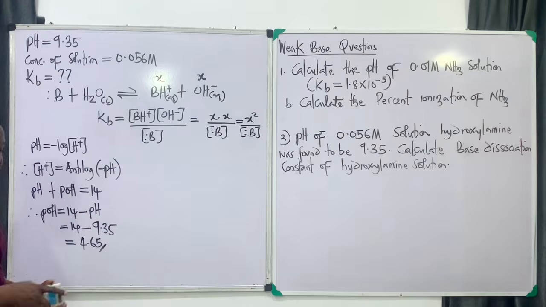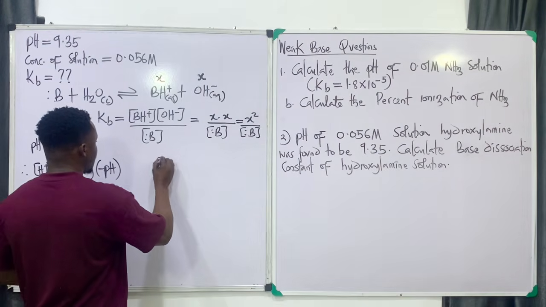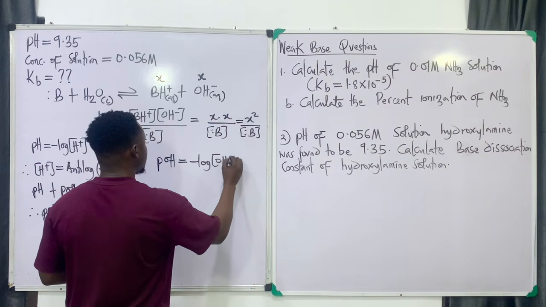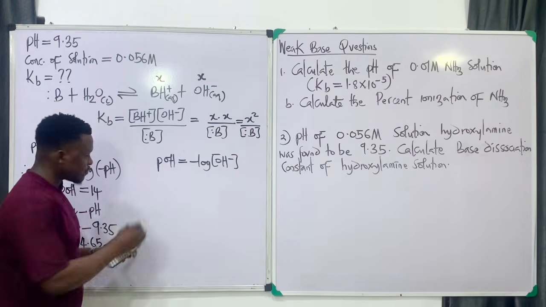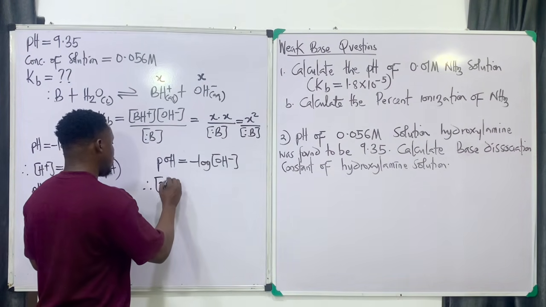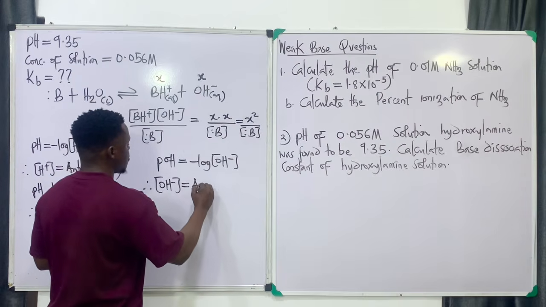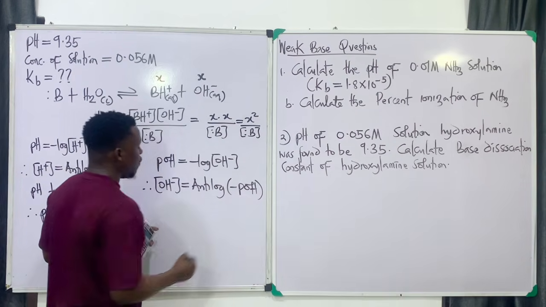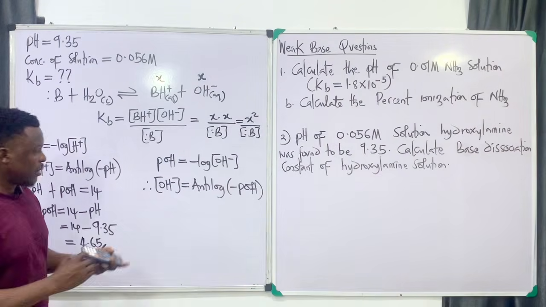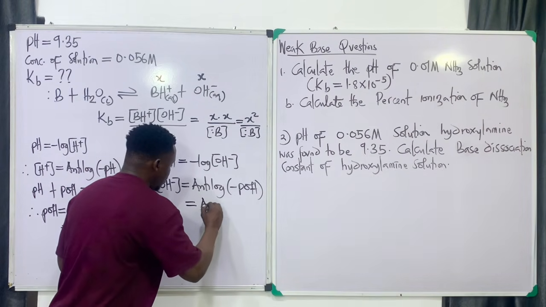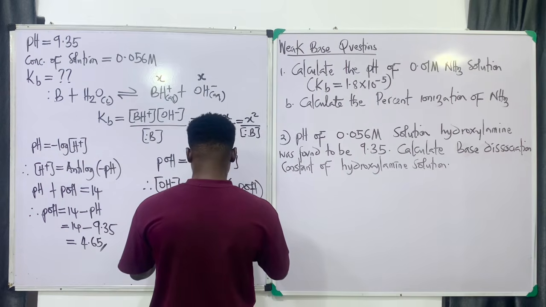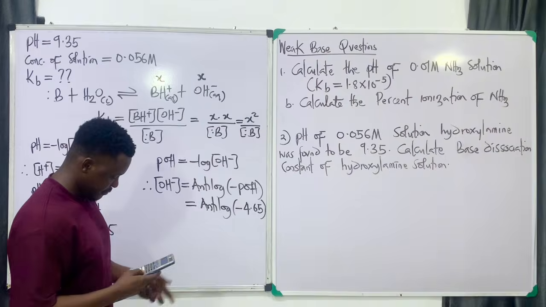This is our pOH, 4.65. Remember, pOH is equal to negative log of OH minus. So I can equally say OH minus equals the anti-log of minus pOH, so this is the anti-log of minus 4.65.